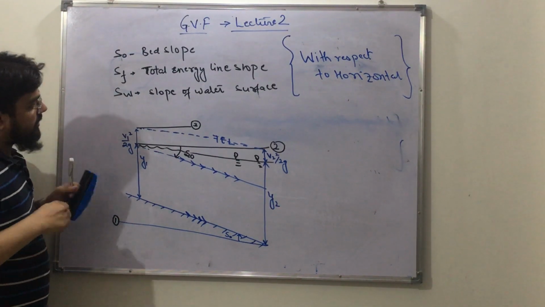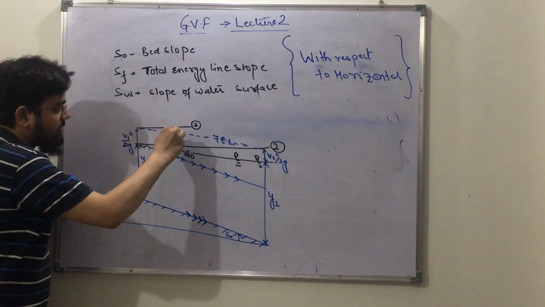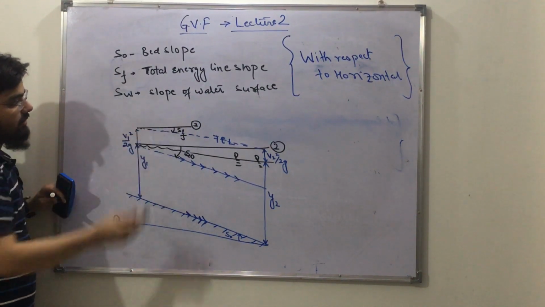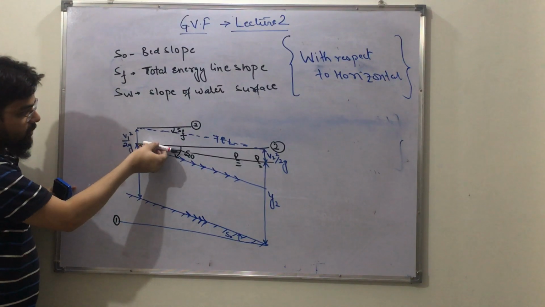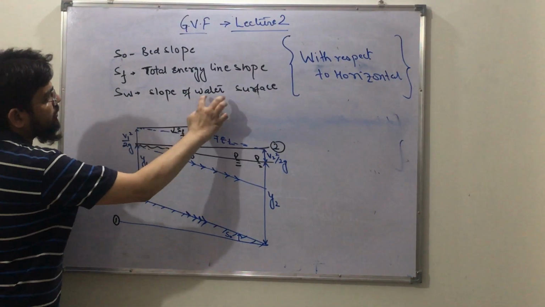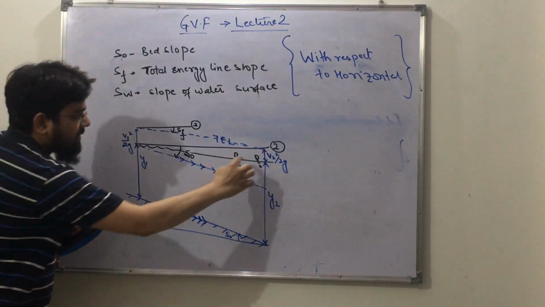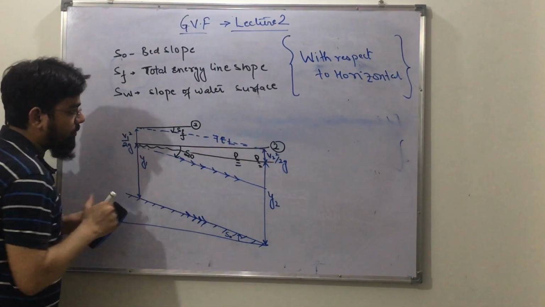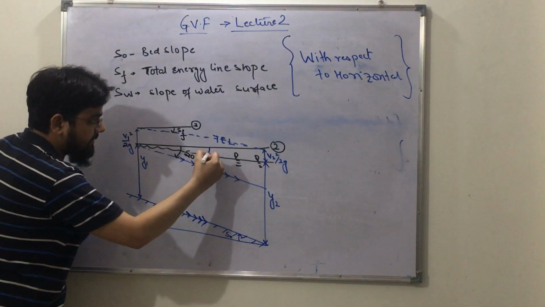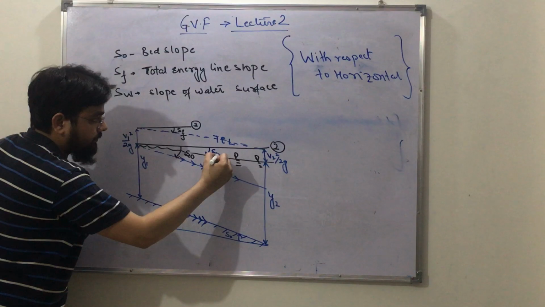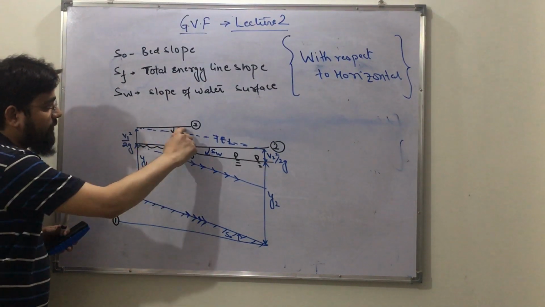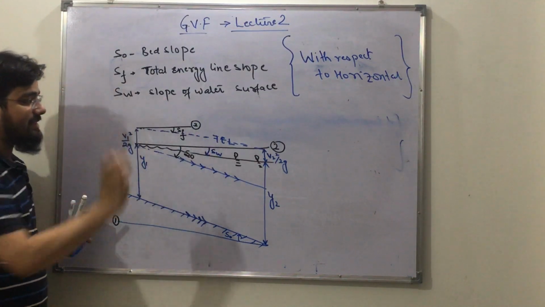So this value is SF with respect to horizontal, and with respect to horizontal, bed slope S0. Now this SW. SW is again the slope of the water surface line. So this is the water surface line and this slope is measured with respect to horizontal. So this is SW. I hope it is very much clear what is SF, what is S0 and what is SW.